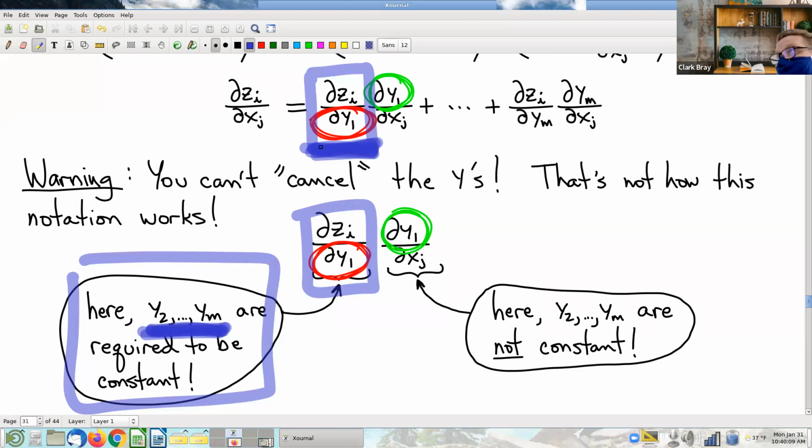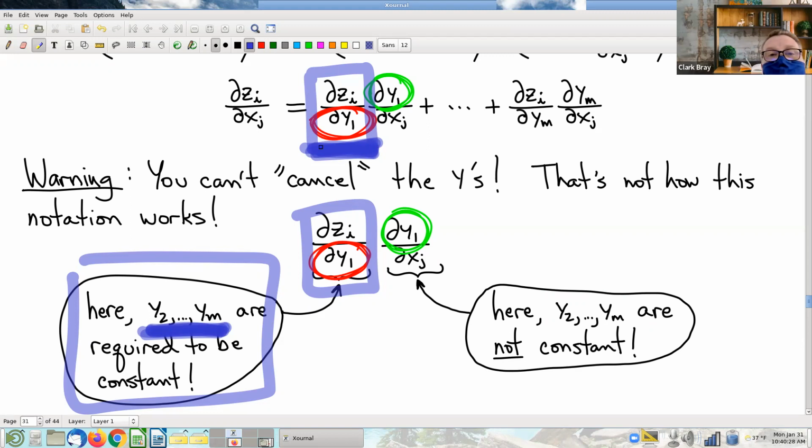So this is a very narrow scenario. Forget about the x's. I've never heard of the x's. I'm just going to consider this particular scenario: y1 is changing, all the other y's are constant. Hypothetically, then, what happens to zi?